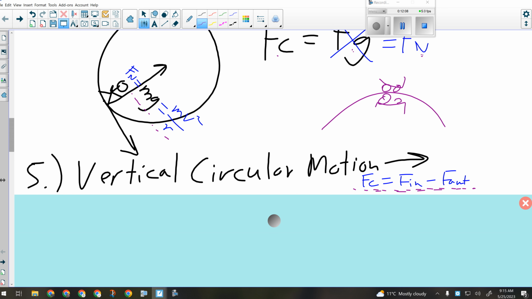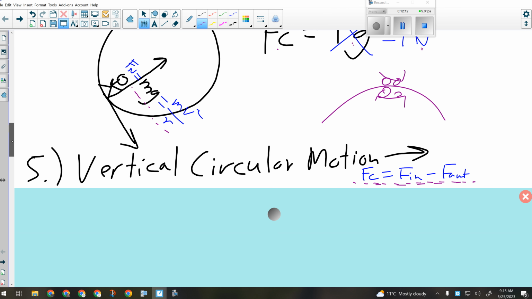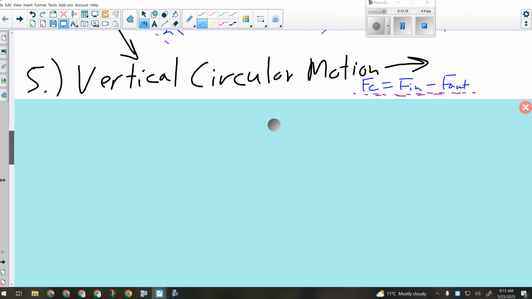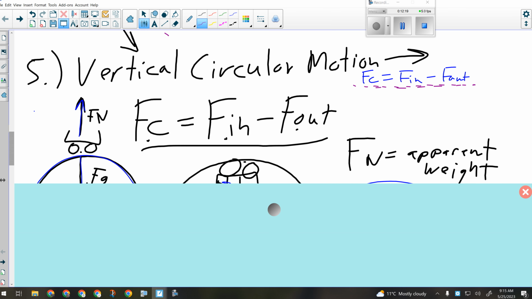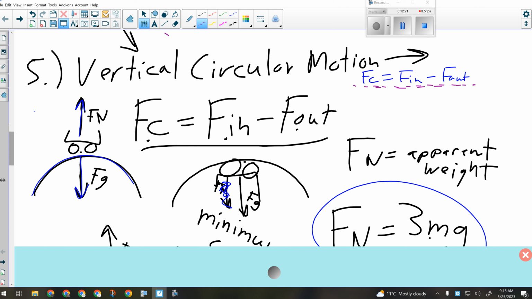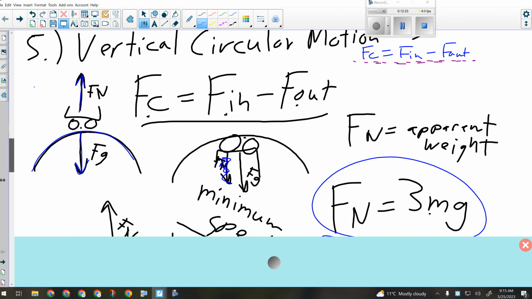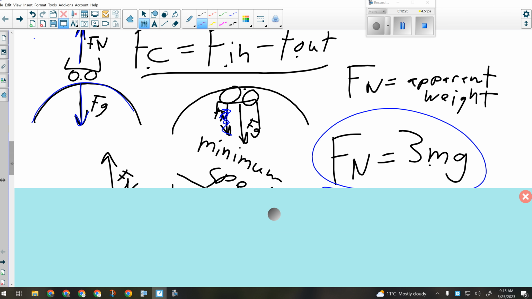All right, so the situations you might get there could be situations of apparent weightlessness, or situations where you are quite a bit heavier than normal, but in the end they all come down to forces in minus forces out, and there are the situations that we just talked about. If you're going over the top of the vertical circle, normal force acts out, gravity acts in, and if you go fast enough, the normal force will disappear.